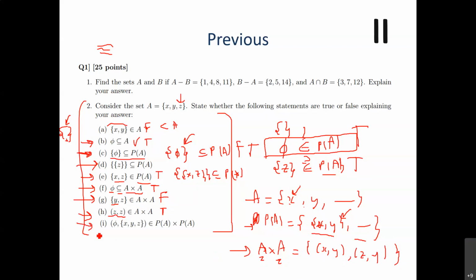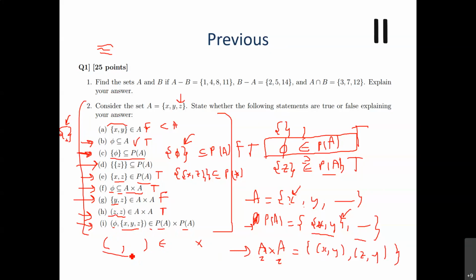Finally, I is the couple. This is kind of a big one. Does the couple phi and this set belong to the cross of the power sets? Let's check. First of all, it's correct that they wrote the couple belongs to the cross, so this is right.